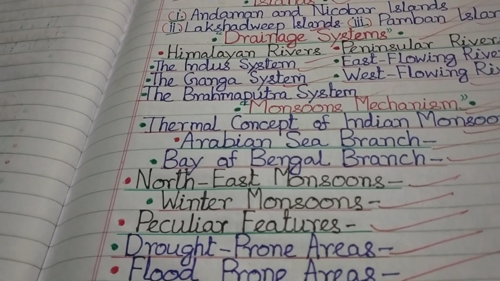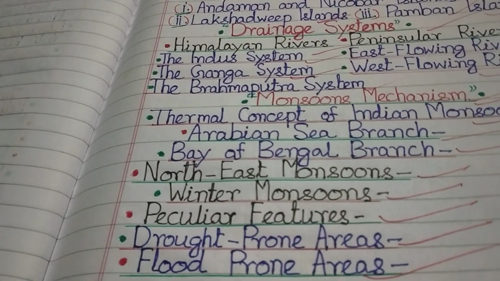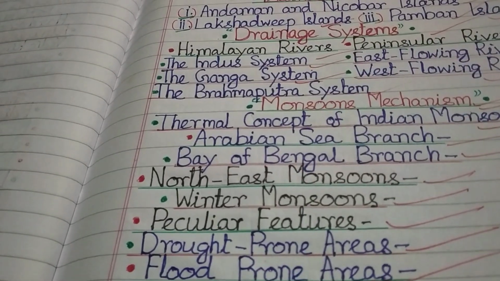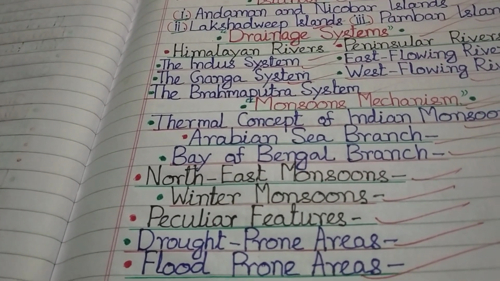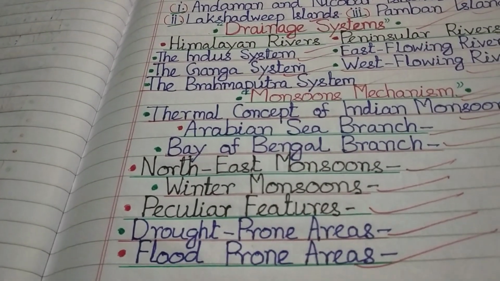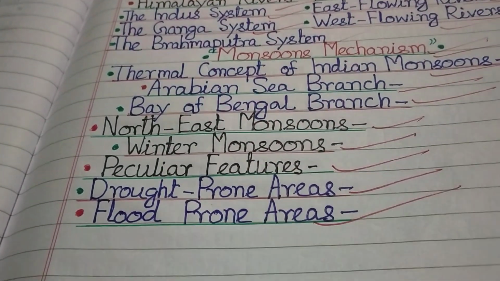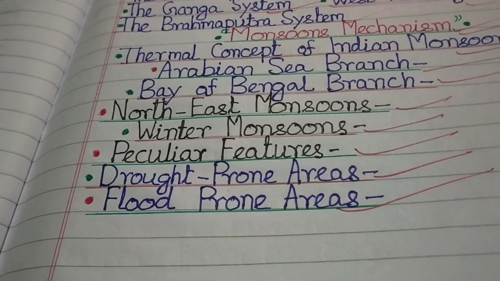The wind patterns prevalent south of the equator are actually the southeast trade winds, which blow from the southeast towards the northeast.